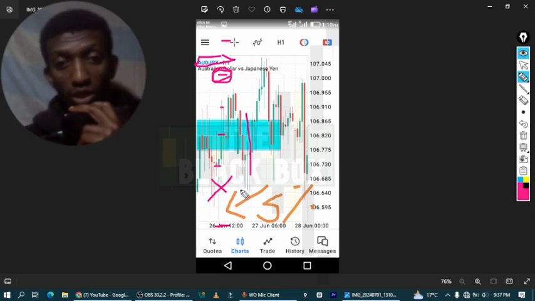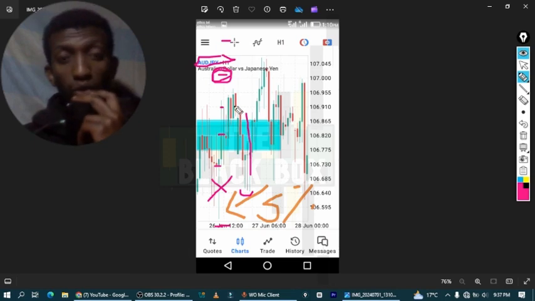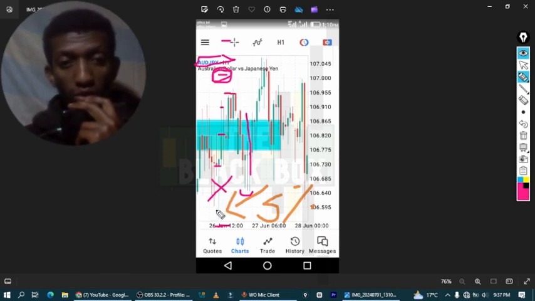So look what happened. When you measure the swings from this swing high to swing low, including the wicks, you will see that half of this huge swing is found around here.